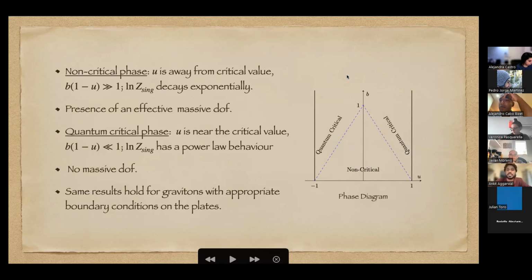There, the singular part of the partition function behaves as a power law, and this massive degree of freedom which emerged becomes massless again. The same results hold for gravitons with appropriate boundary conditions. If you look at the phase diagram, there are these two regions plotted, and the blue dotted line represents the crossover region. Next slide, please.